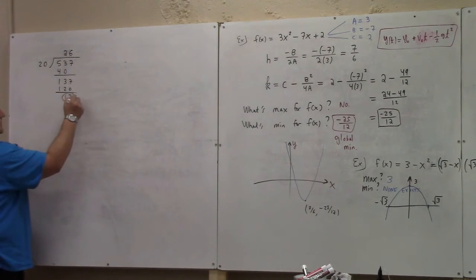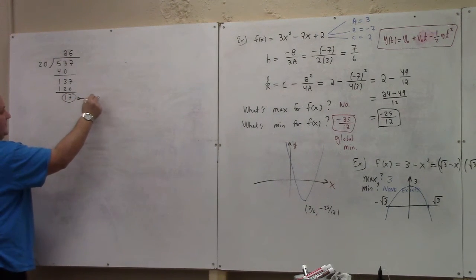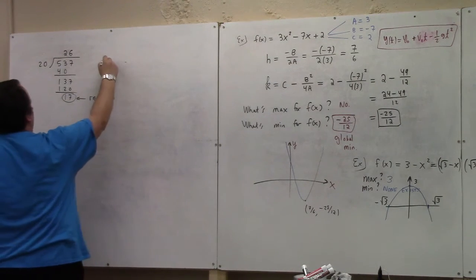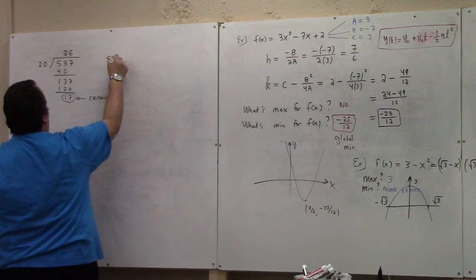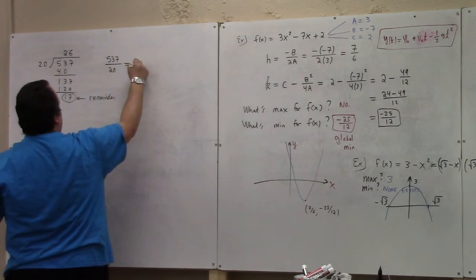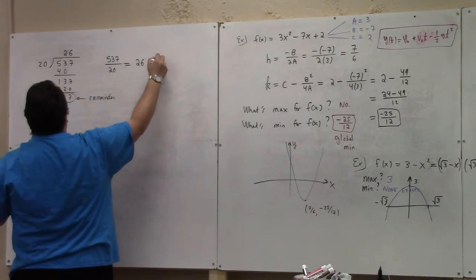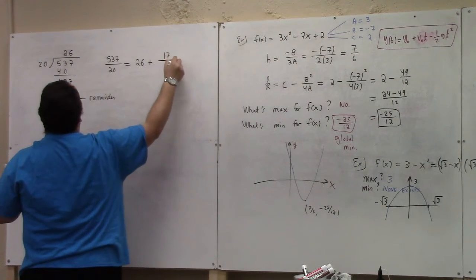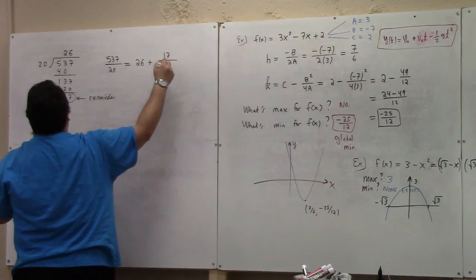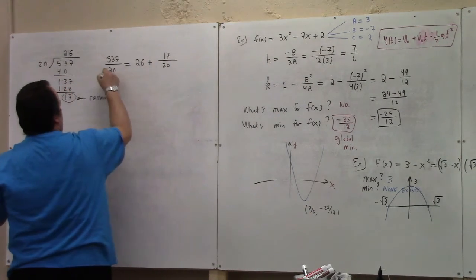This is the remainder. And so what this little calculation means is that 537 divided by 20 is equal to 26 plus the remainder, which in this case is 17, divided by 20. And so that's what that means.